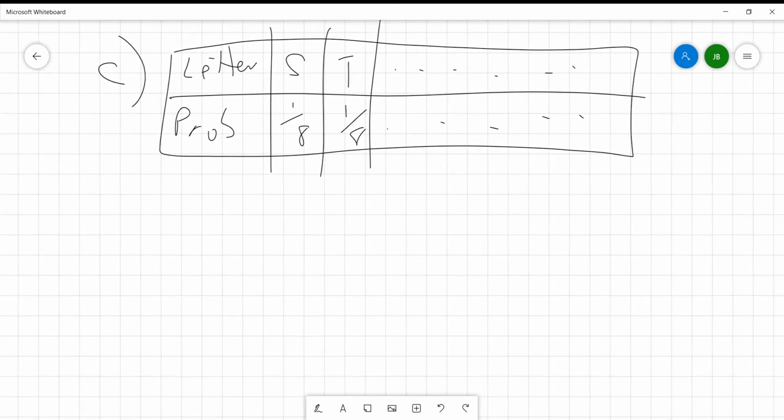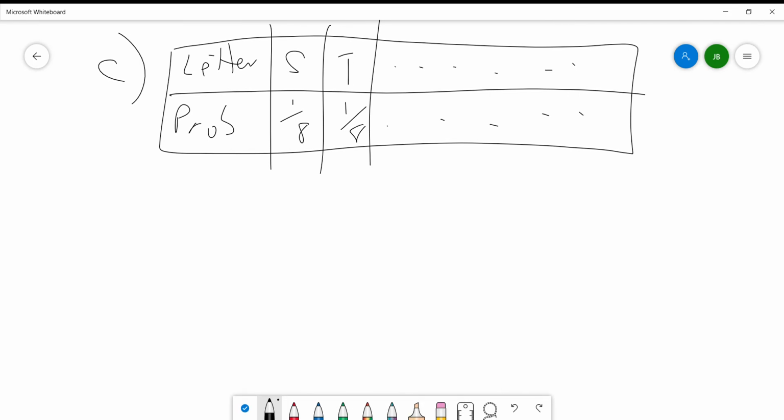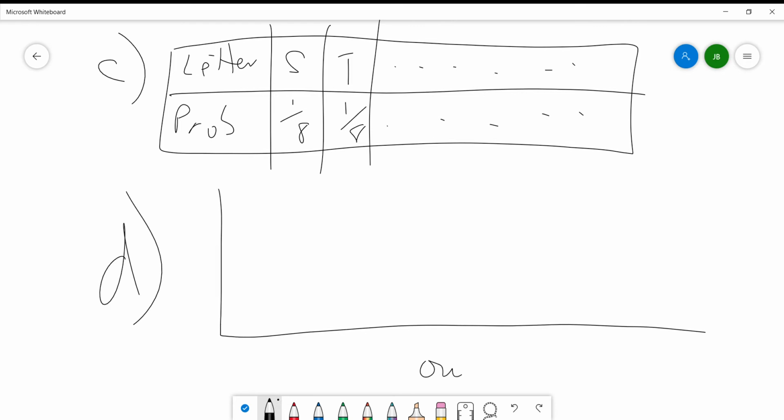Let's do it in a graph. So D, here's the outcome on the x-axis. We can call it letter. And then we have the probability over here. The probability here is 1/8.